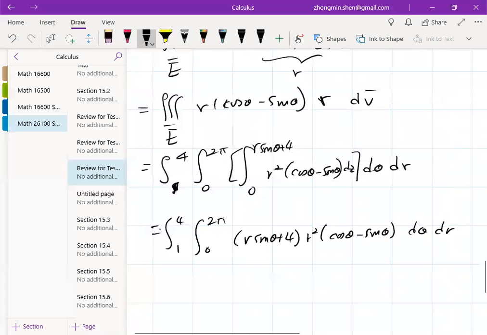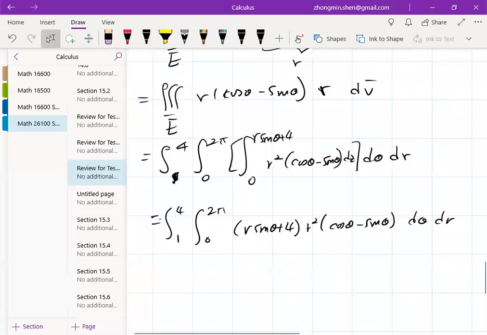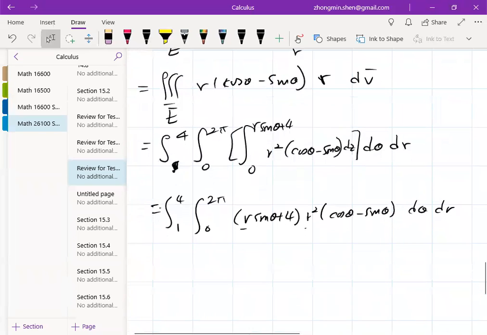I think I should evaluate r first. Multiplying this out, it's r cubed sine theta plus 4r squared, times cosine theta minus sine theta.